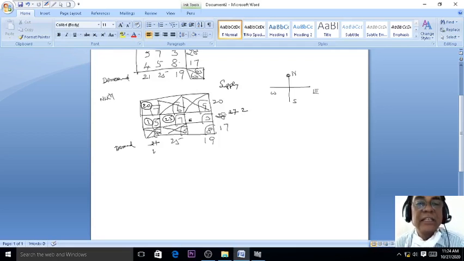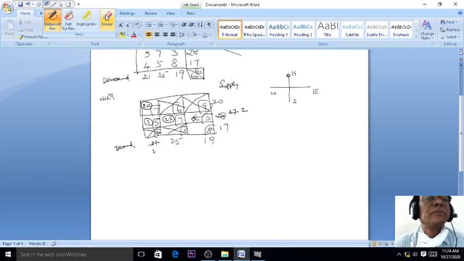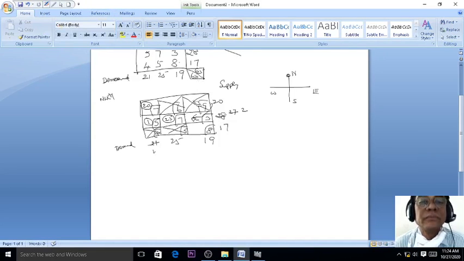The next starting cell is 3. See the bottom number 19 and the side number 2. Out of these two values, which is the minimum? 2. So you have to shift the 2 here.